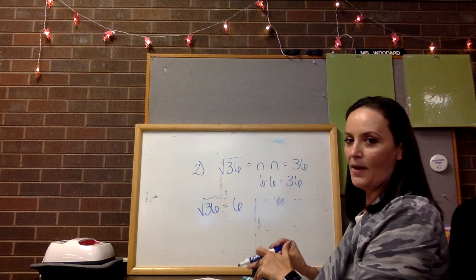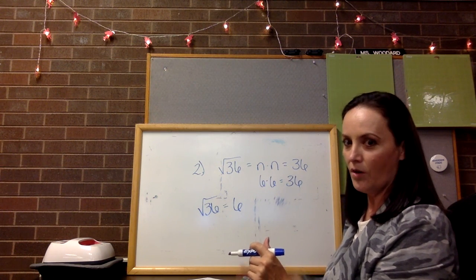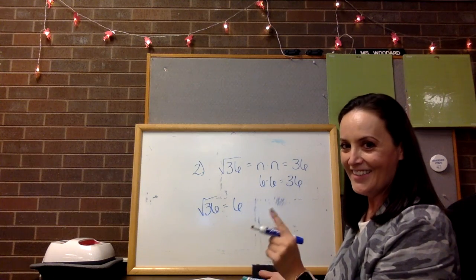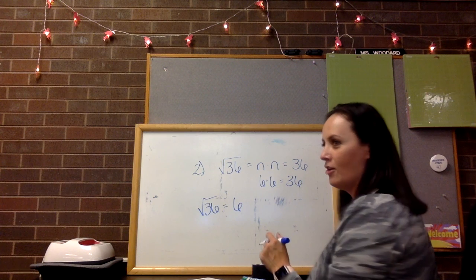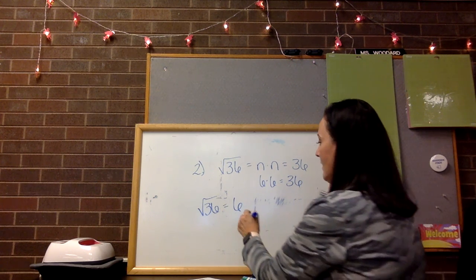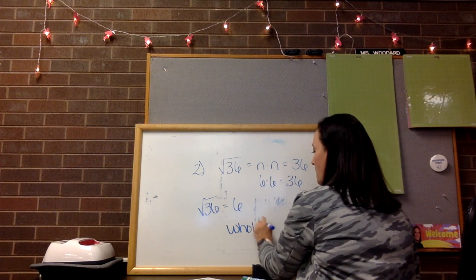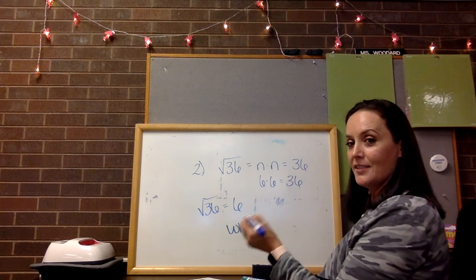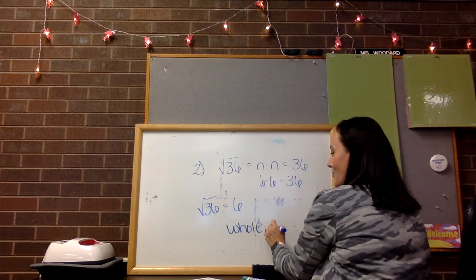So I want you to think about that number 6 and ask, is it a counting number? 1, 2, 3, 4, 5, 6. It is. It's a counting number. And since it's a counting number, we should be able to classify this value as a whole number. Just because I added 0 in here, 6 is still part of all of that.